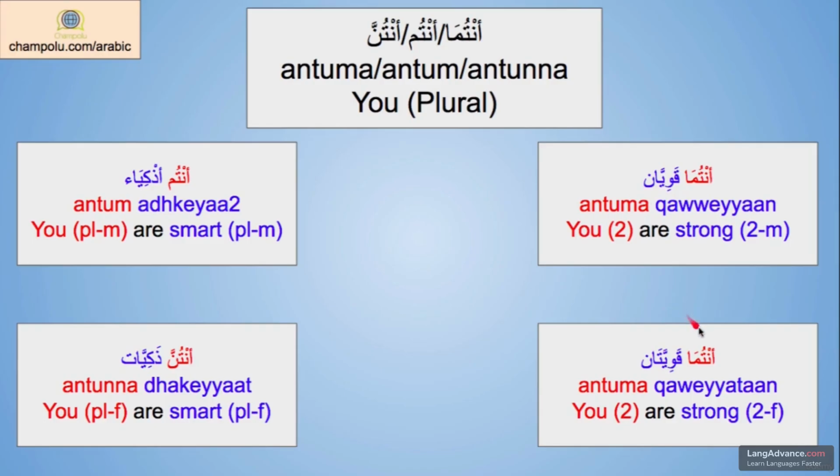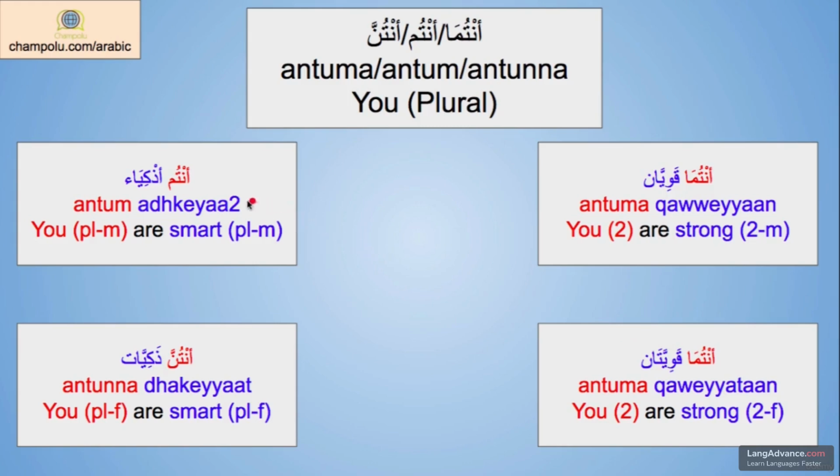When addressing two females, say أنتما قويتان. Notice that we're using the same أنتما for both males and females, but the difference here is the adjective, which in the first one is for the dual male, and in the second it's dual female.